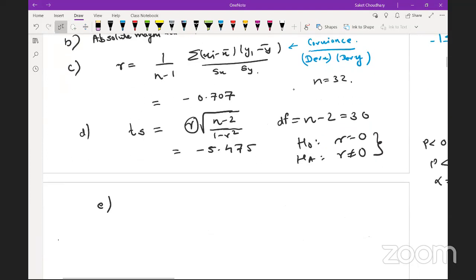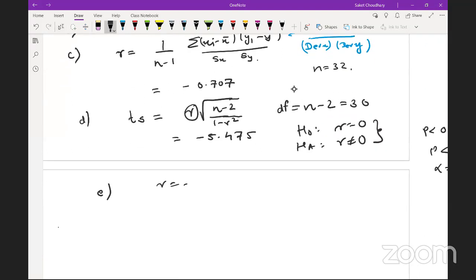So what data do we have? We have this data that r is minus 0.707, and p is less than 0.001. So with this information, can you say that the horsepower can be used to manipulate Q-sec? This symbol implies manipulation.